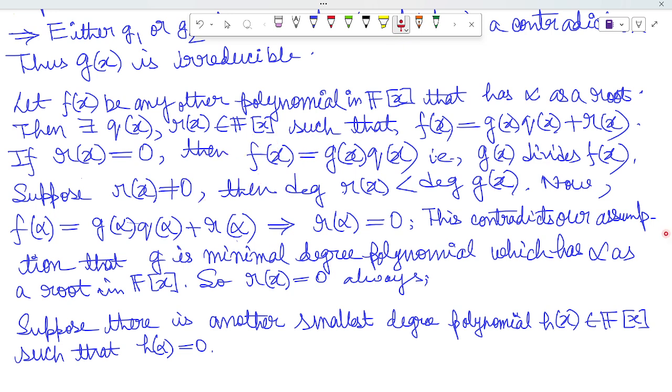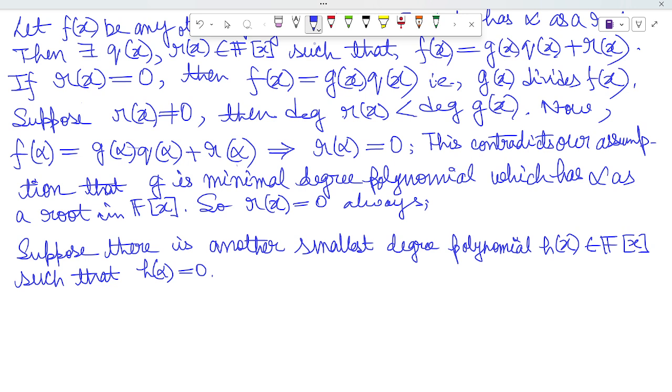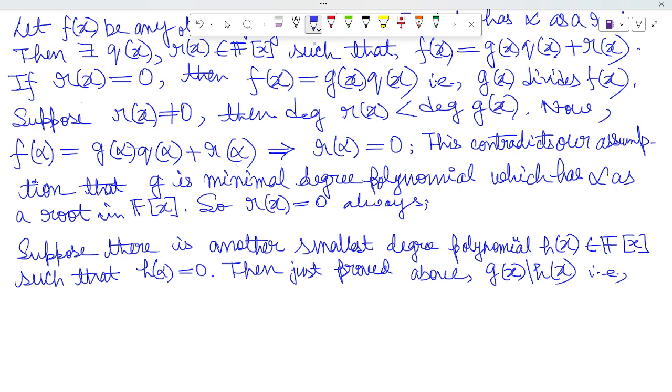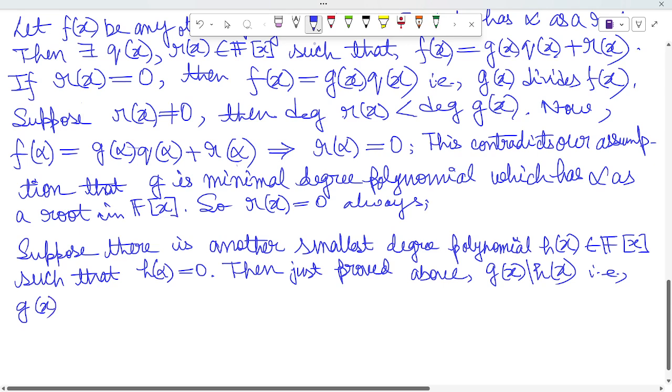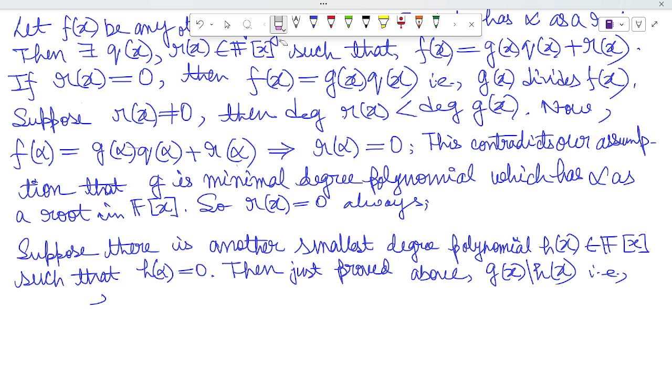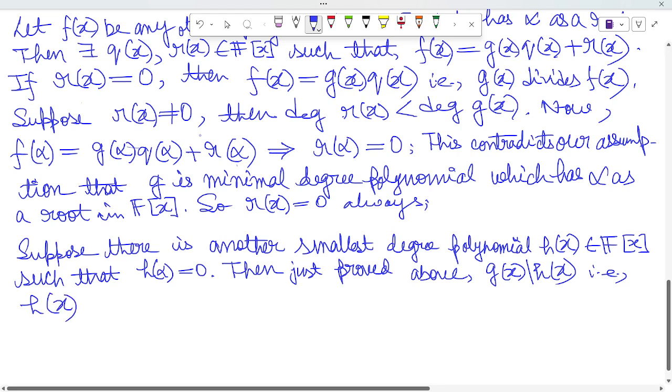So g(x) will divide h(x). That means h(x) equals g(x) times some k1(x), where k1(x) belongs to F[x].